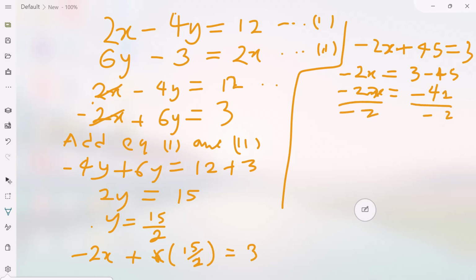So minus 2 here, we cancel minus 2 here. So I have x is equal to, minus cancels out minus, so I have x is equal to 21. And that is my x. My y is 15 over 2 and my x is 21.